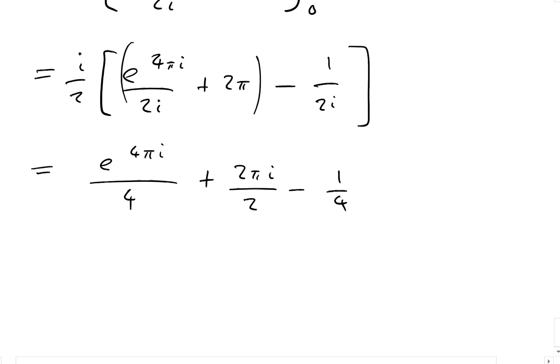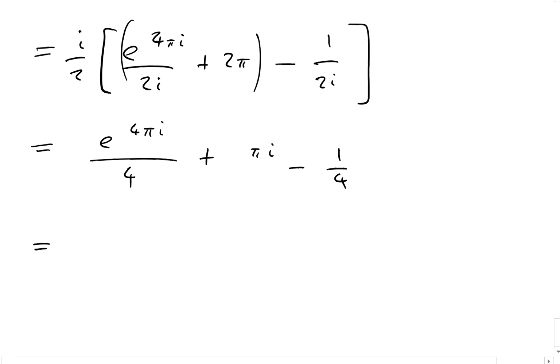Maybe there's 2's there, so cancel those 2's off. Actually, let's put these two fractions together. So I end up with e to the 4 pi i minus 1 over 4, plus pi i. That's pretty much as simple as we can get it.